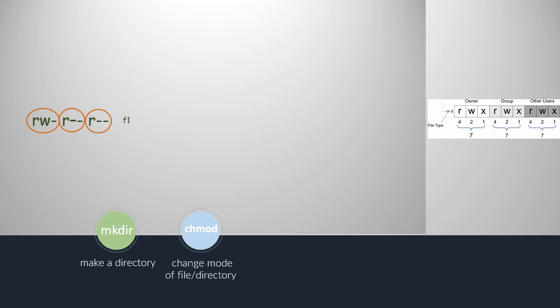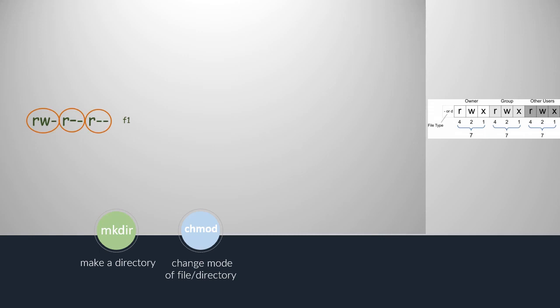If instead of a letter, there is a hyphen in that corresponding position, it means you were not given that particular permission. In this case, read is there, write is there, execute is not there. And then read is there, write is not there, execute is not there. The same way, read is there, write is not there, and execute is not there.